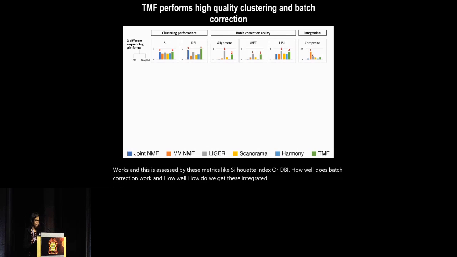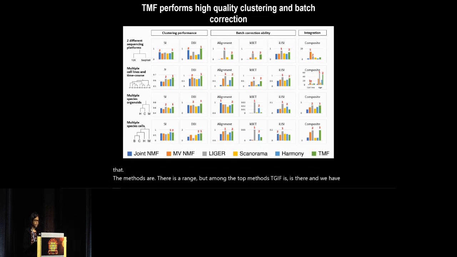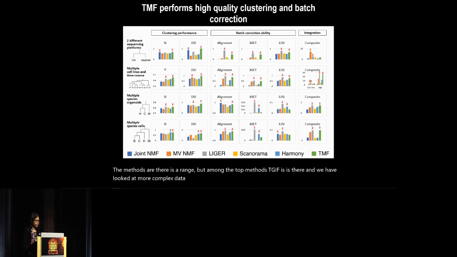And what we see is that there is a range among the methods, but among the top methods, TGIF is there. And we've looked at more complex data sets where there are more complex heterogeneity relationships, and we find that TGIF is among the top methods. There's no universal winner, but overall we do a decent job of getting pretty decent clustering and good batch correction.